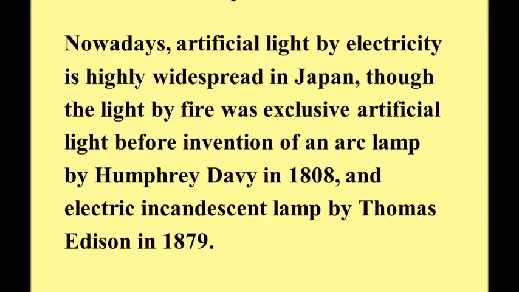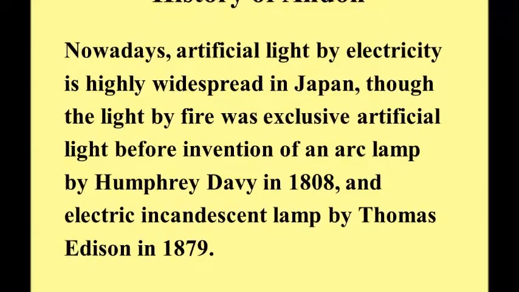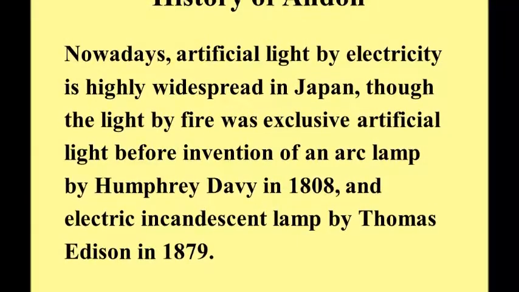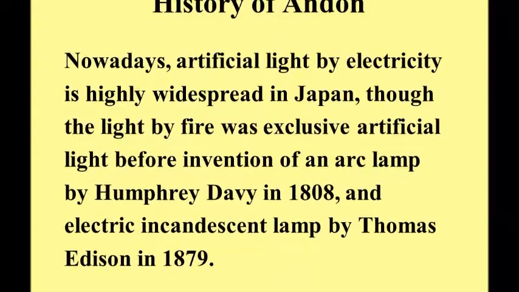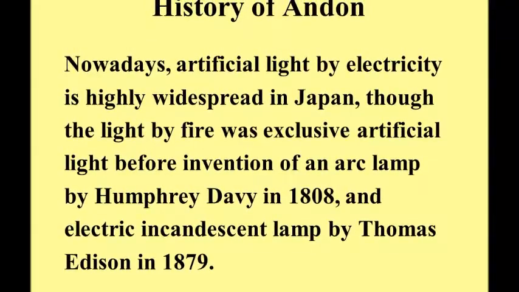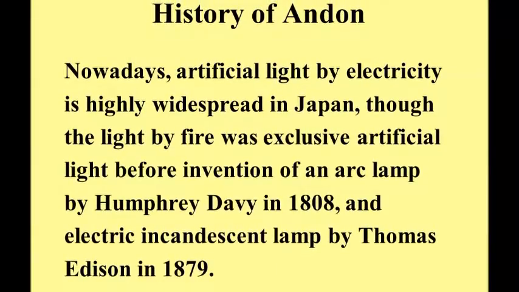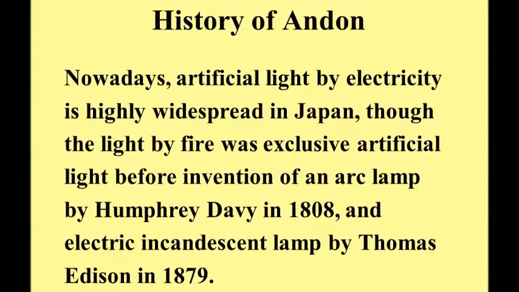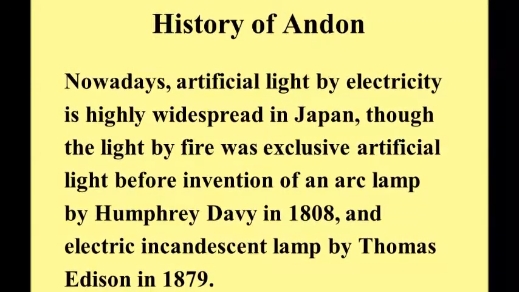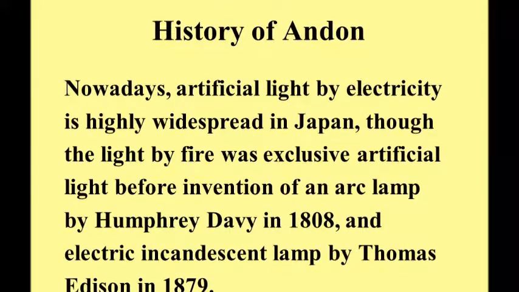Nowadays, artificial light by electricity is highly widespread in Japan. Though light by fire was the exclusive artificial light before the invention of the arc lamp by Humphrey Davy in 1808 and the electric incandescent lamp by Thomas Edison in 1879.